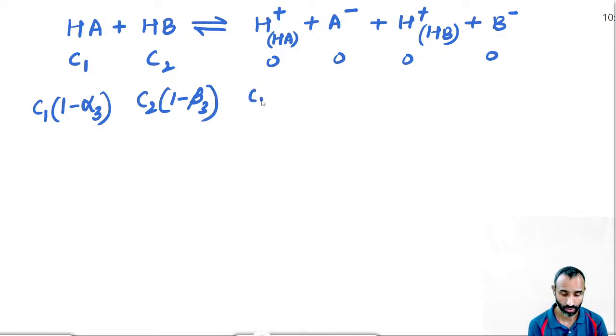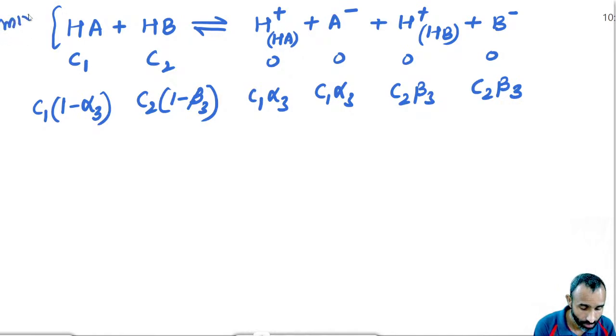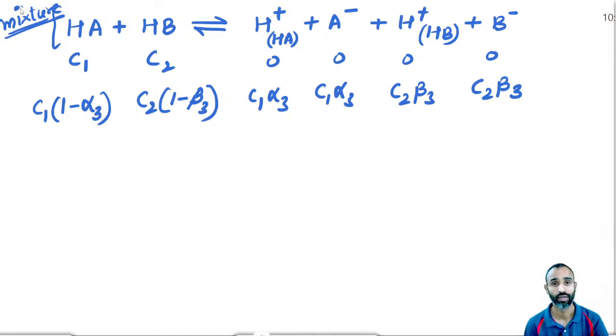So it is now C1 alpha 3, C1 alpha 3, C2 beta 3, C2 beta 3. Are you getting this point? Now it is a mixture of HA and HB. We are doing the question for the mixture.